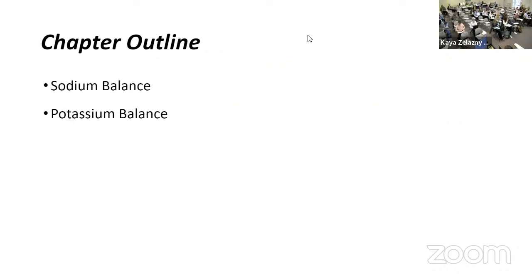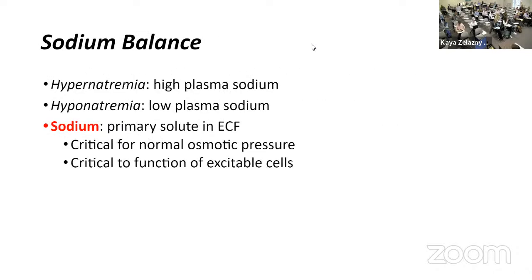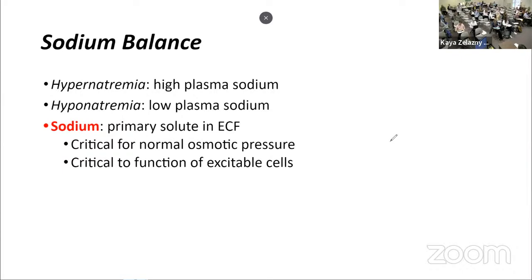All right. So we're going to start with thinking about the sodium. So first, some vocabulary terms. When we are talking about how much sodium you have in your blood, you have some specific vocabulary terms for this. So high plasma sodium, we call hypernatremia.